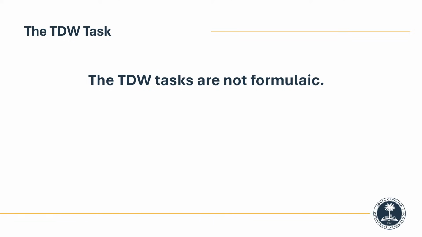Unlike the TDA, TDW is not formulaic. There is no need to unpack the item because not all items look alike. The items used for text-dependent writing are based on the grade level indicator for that mode of writing. Teaching the writing process is what will prepare students for the assessment.